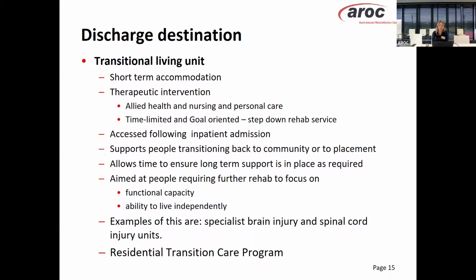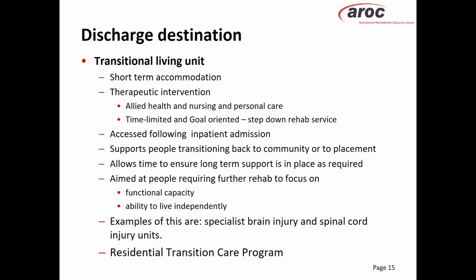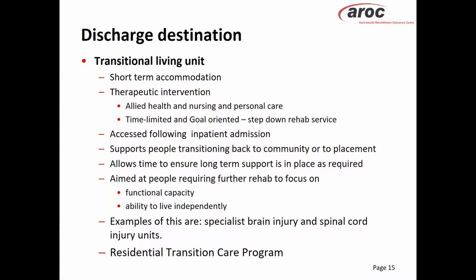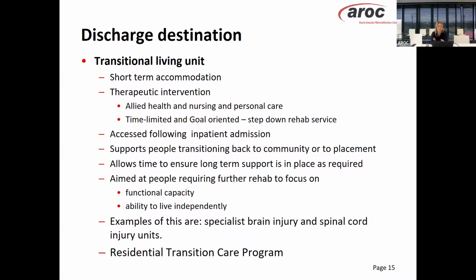So we are currently in the process of doing a review of the discharge destination codes, in particular around the transitional living units. We're finding that services and states are using this a bit differently, so we're just trying to get some clarification around that and around the options and terminology that are being used, particularly around transition living units and transition care programs.